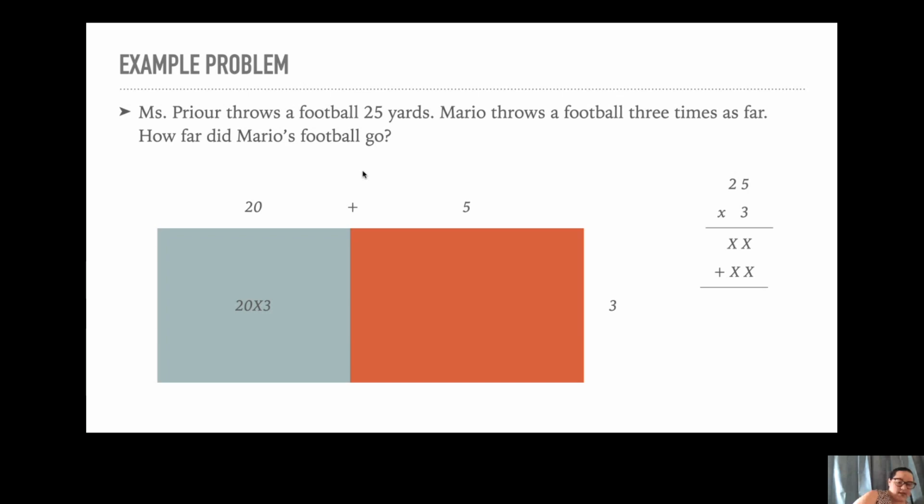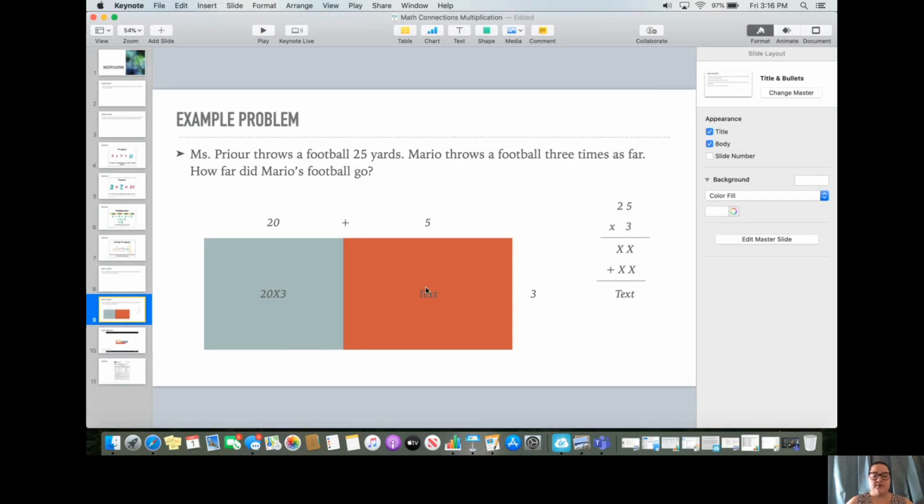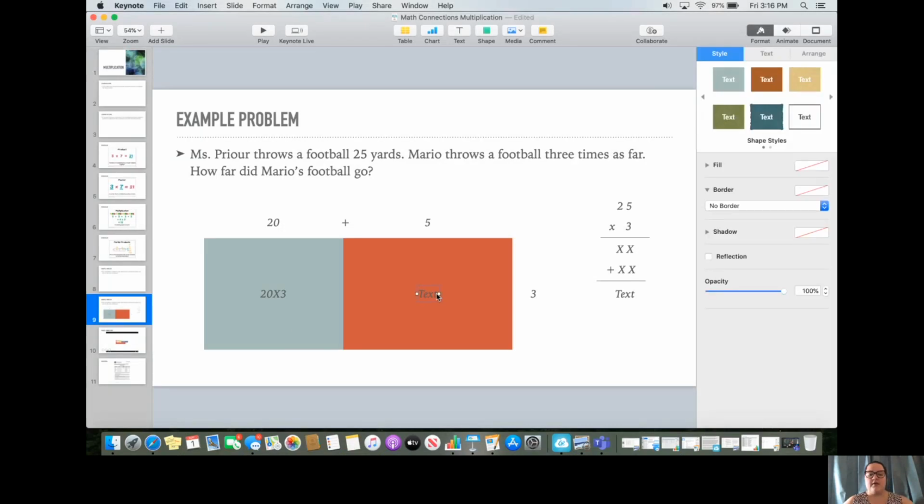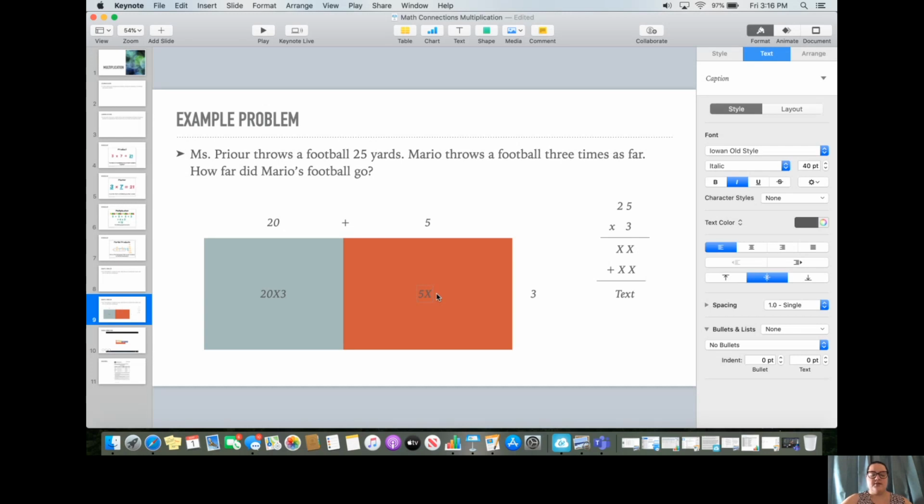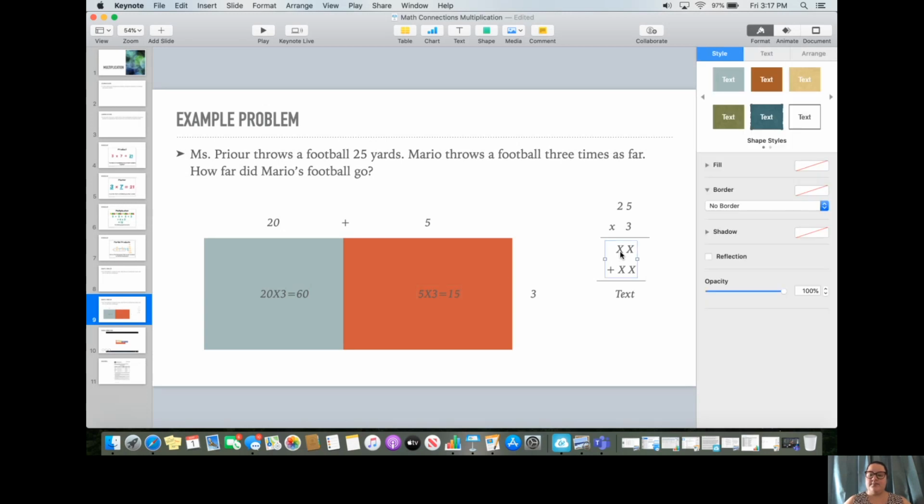So we just did this part on the whiteboard. We should have our 20 times 3 here, our 5 times 3 here, and we said our 20 times 3 equals 60, and our 5 times 3 equals 15.